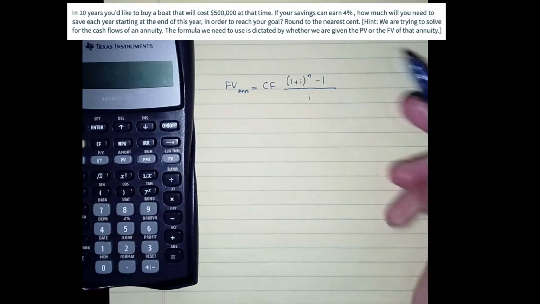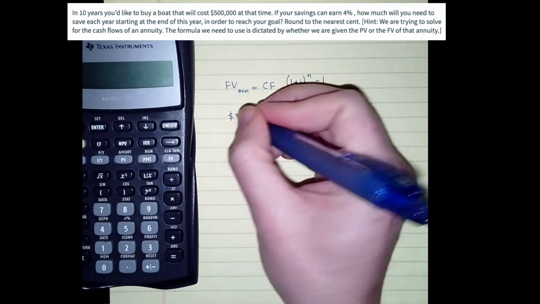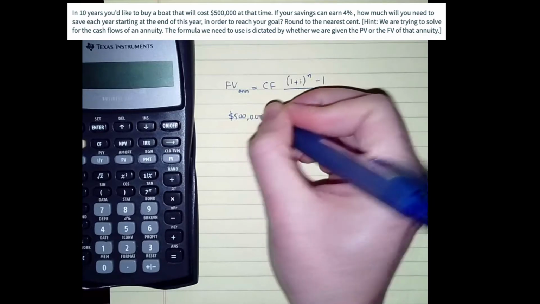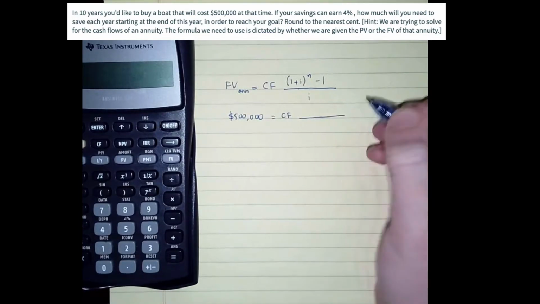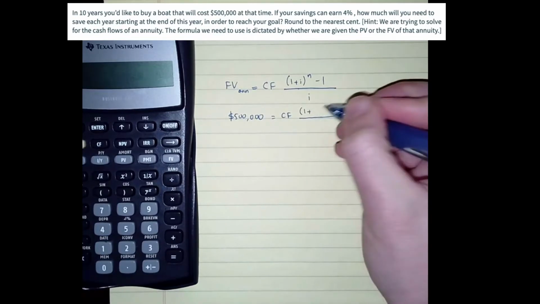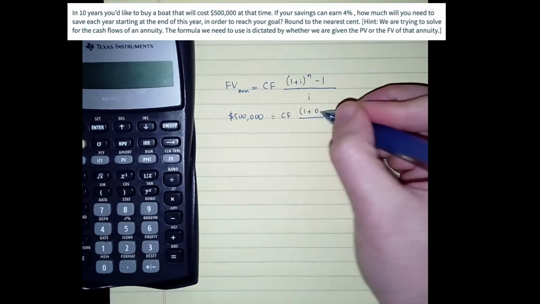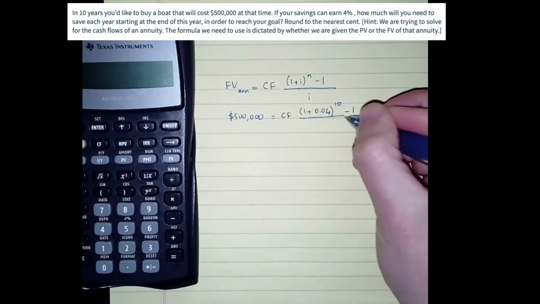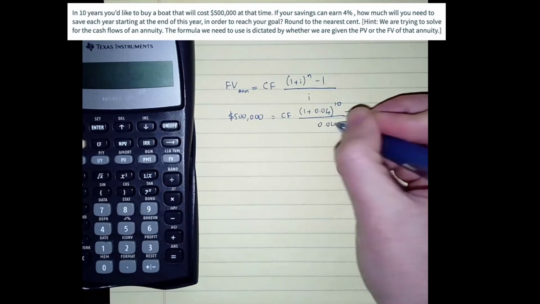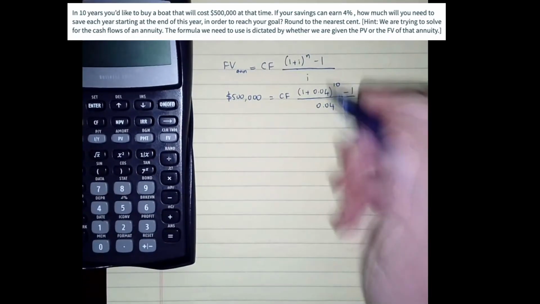All right, so we can put everything here. 500,000, we can plug in everything except the cash flow, which is what we are trying to figure out: cash flow times (1 plus 0.04) raised to 10 minus 1, divided by 0.04. And we are trying to solve for cash flow.